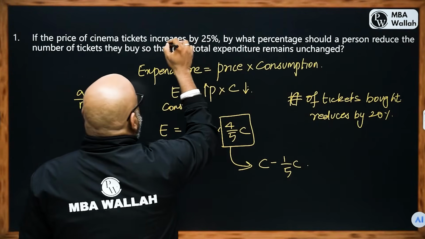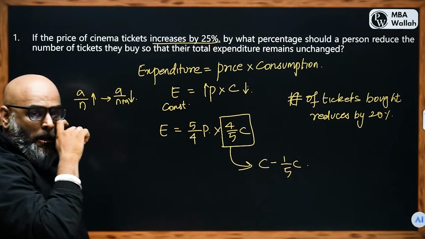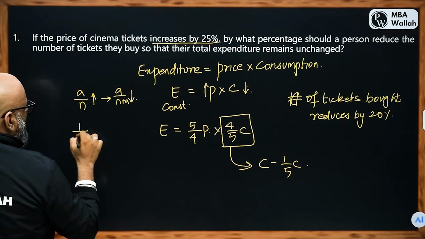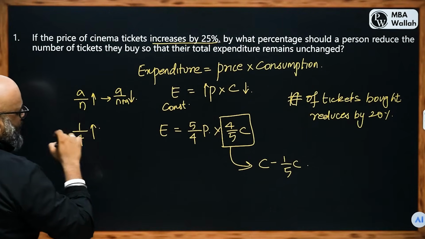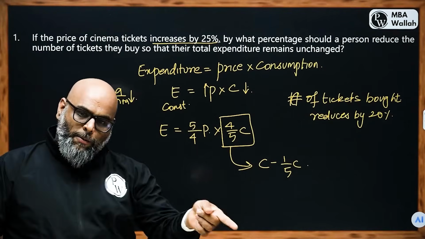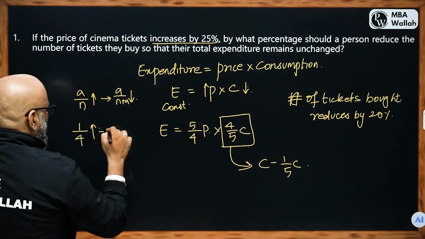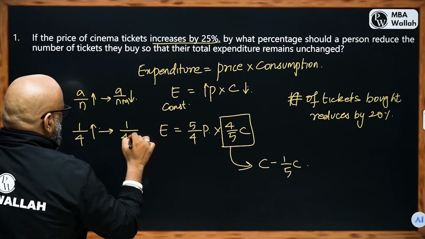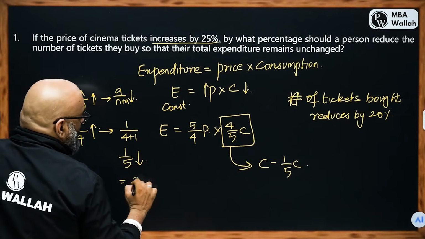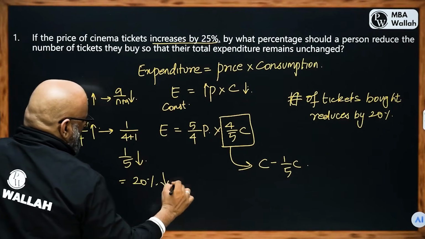The moment I see there is an increase of 25%, my mind would automatically say 25%, I can write it as 1/4 increase. So when one value goes up by 1/4, the corresponding value comes down by 1/(4+1), which is 1/5 decrease, which is a 20% decrease.